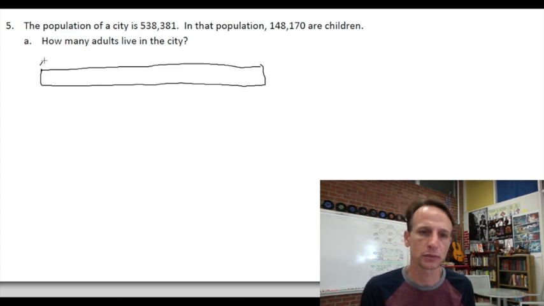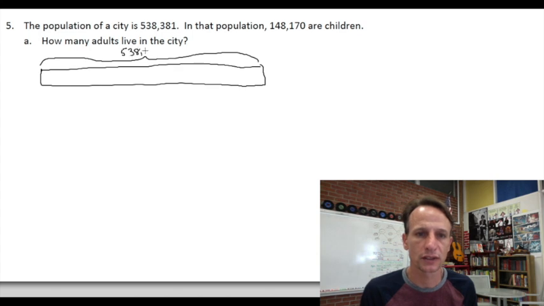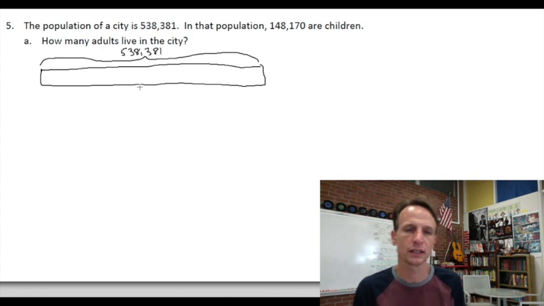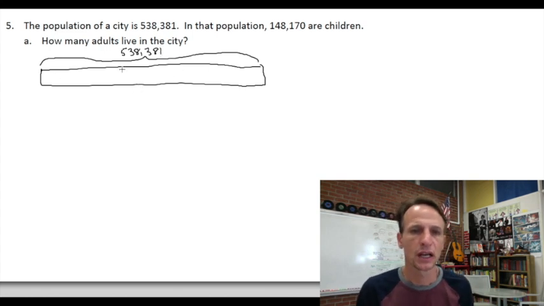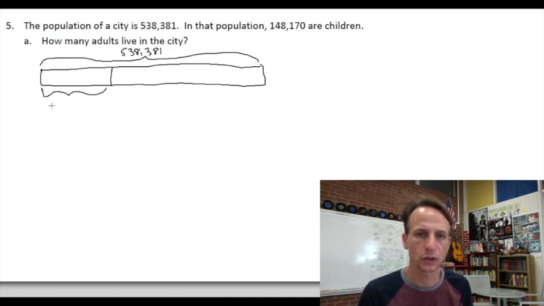So we'll draw a little bracket up here, leaving just enough room to write that number in. 538,381 is the entire population, and we know a relatively smaller portion of it there is children. So this is children, and we know what that is.